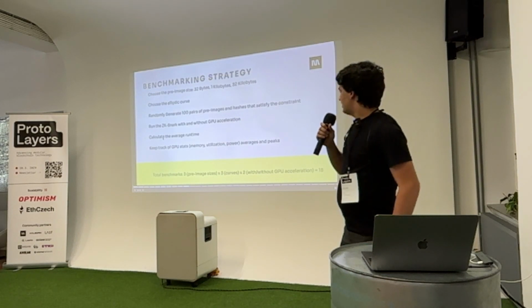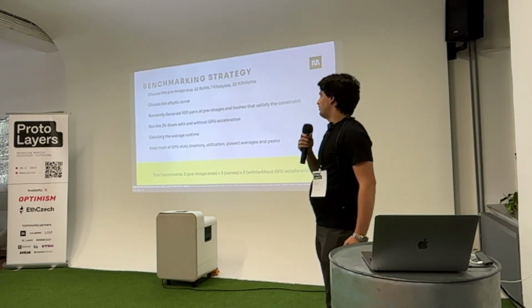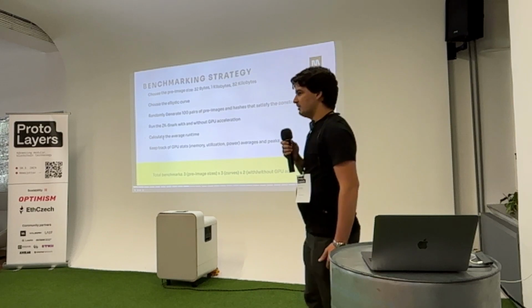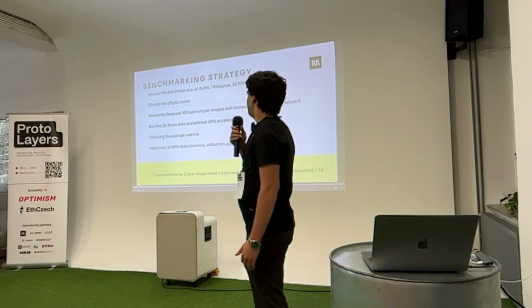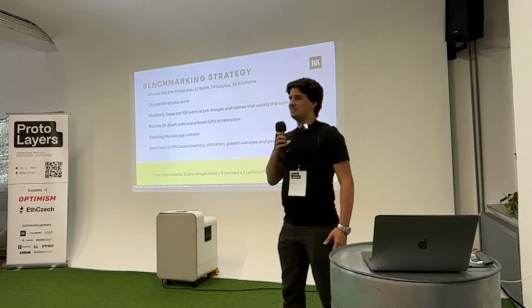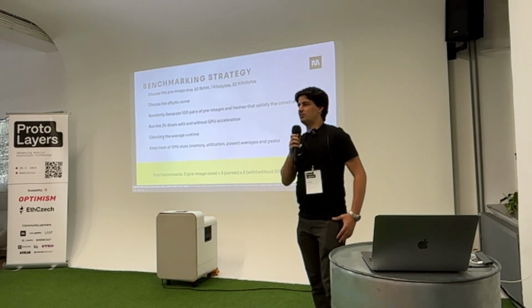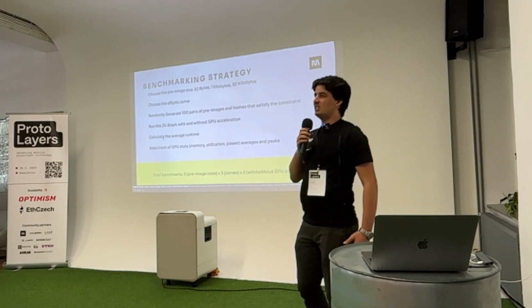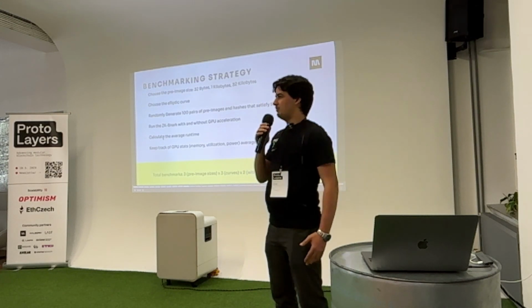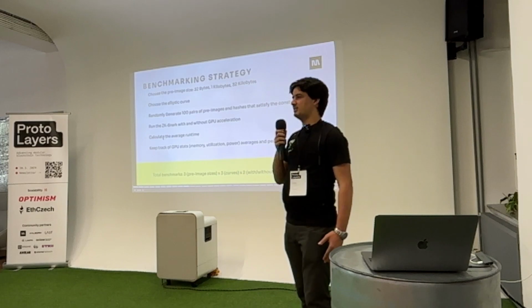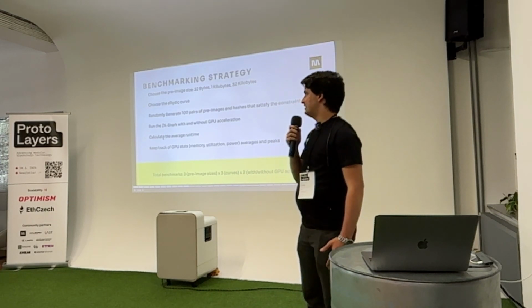And now a quick look at how we decided on our benchmarking strategy. The first thing we do is choose the pre-image size. We had three sizes: 32 bytes, 1 kilobyte, and 32 kilobytes. This effectively changes the size of the circuit so that we can see the effect of GPU acceleration on circuits of different sizes.